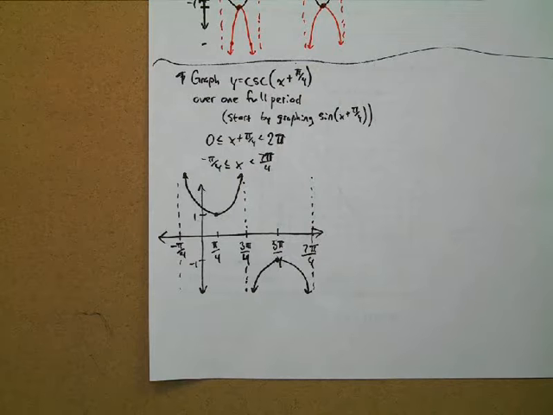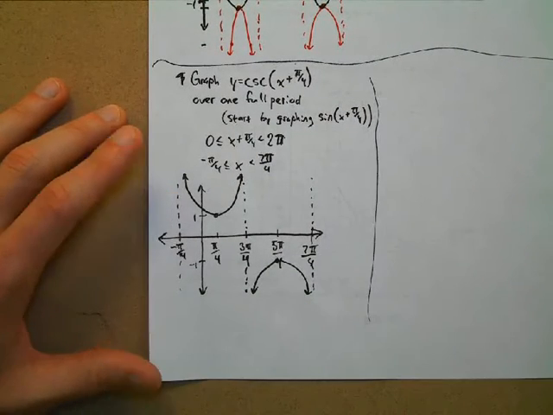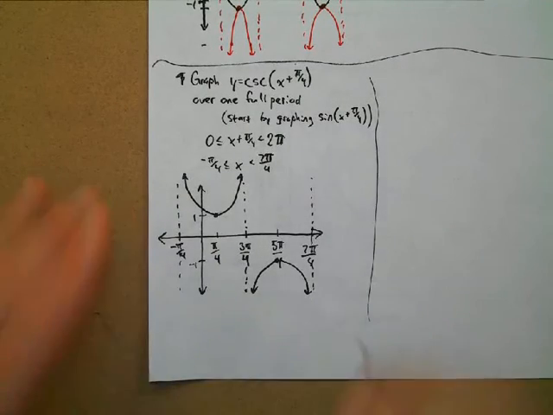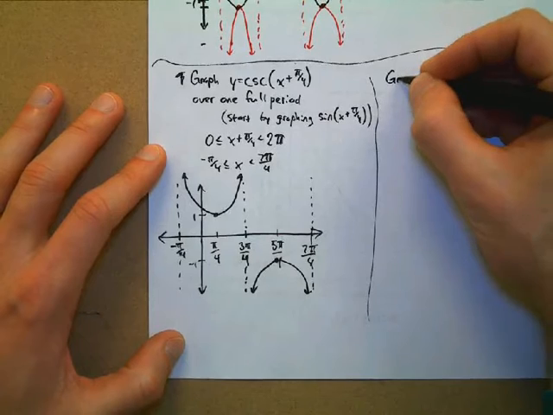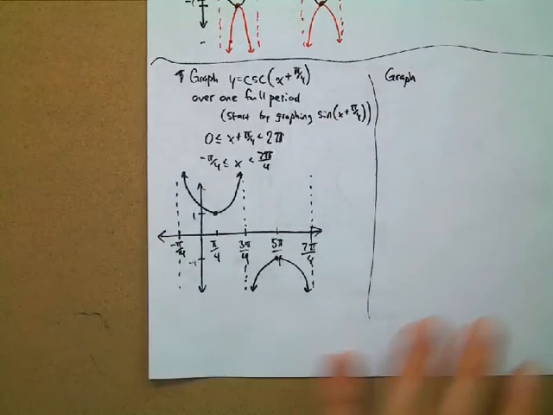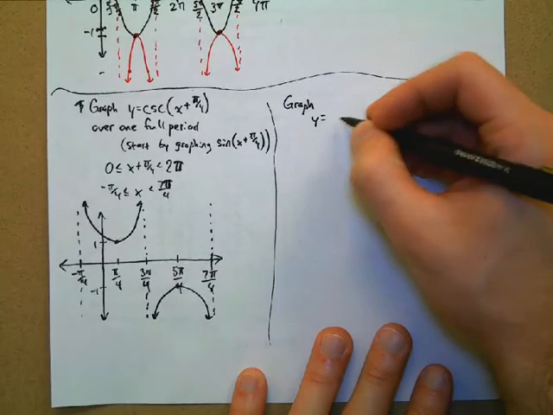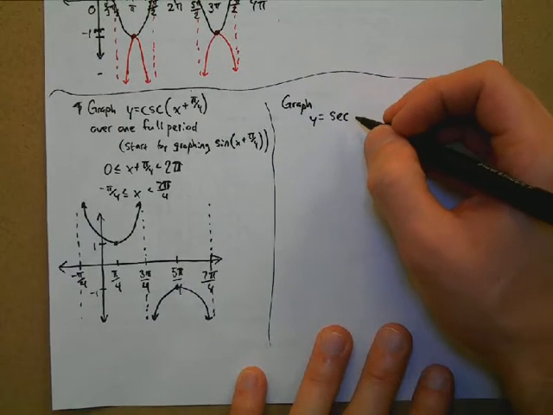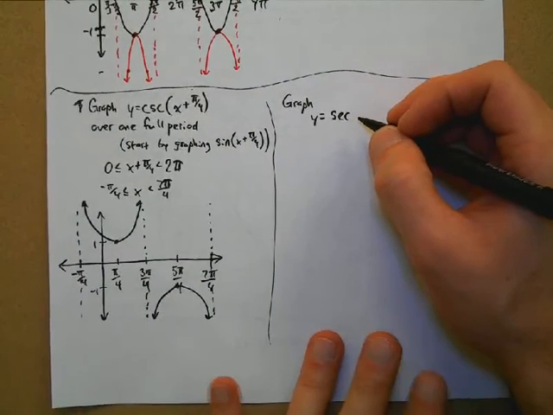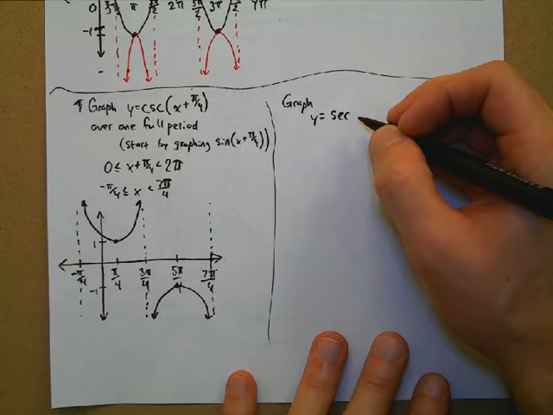So here I'm going to have you all graph y equals secant of 2x plus 3 pi, plus 1. Okay, so that's what I want you guys to try. And let's just do, I don't know, 1 full period.